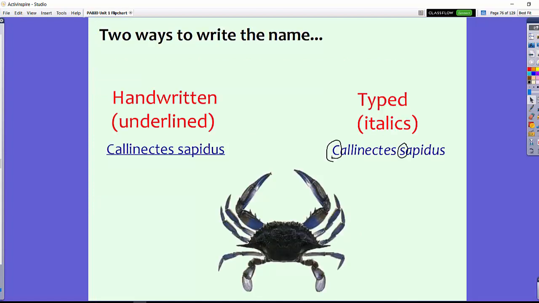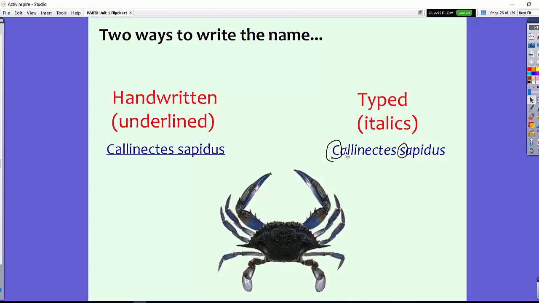Now there's a certain way to write it as well. You notice here we have two different ways. If we were handwriting something, I would have to underline it. If we were writing it in a notebook or in our notes right now, we would have to underline. However, if I was typing it like I have here, I have things in italics.